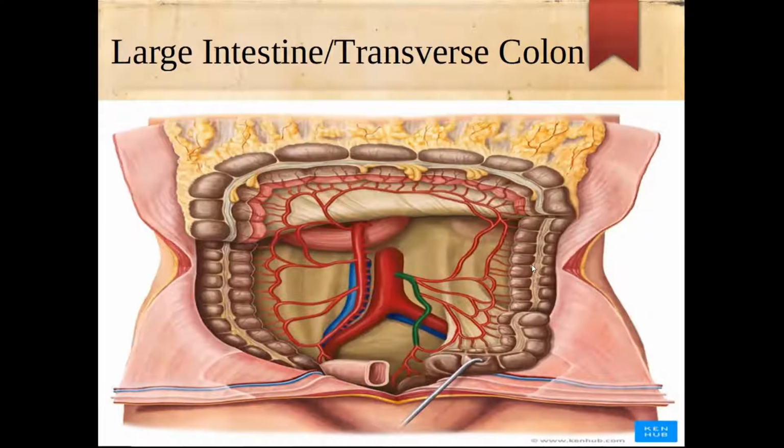After the splenic flexure, the nerve supply comes from the inferior mesenteric plexus and through the pelvic splanchnic nerves also. Okay, clear? Clear.